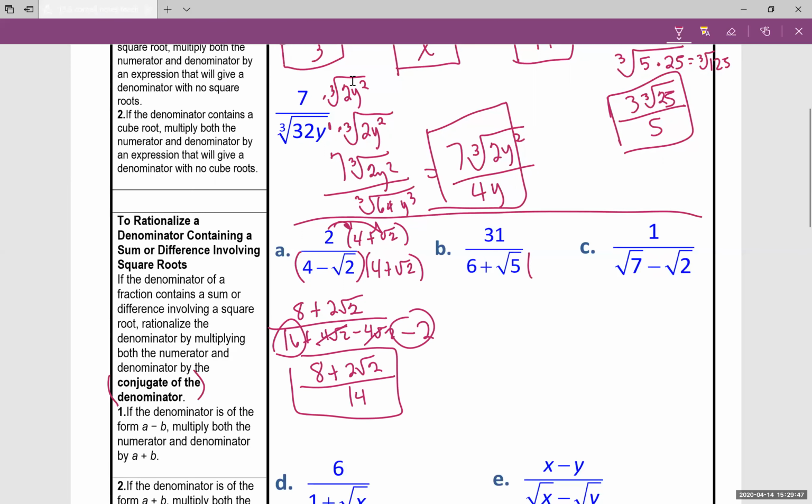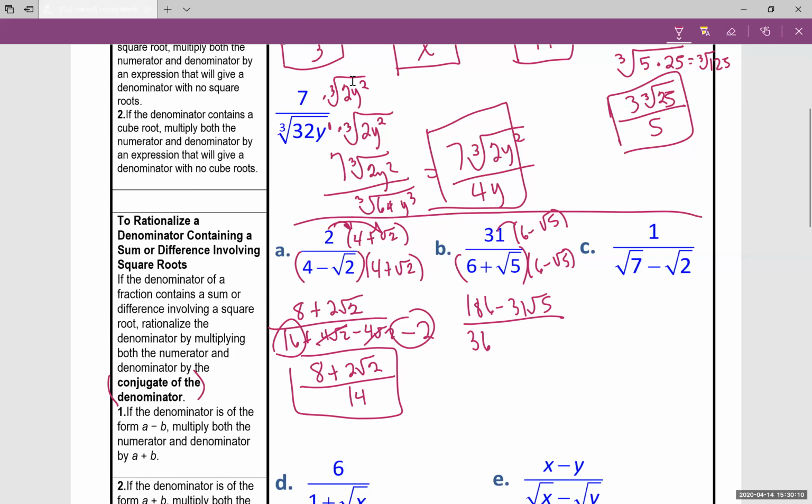This one right here, we're going to multiply 6 minus square root 5, top and bottom. This was 6 plus, this is 6 minus. Okay, so what we have here is this becomes 186 minus 31 square root 5. On the bottom, I have 6 times 6, which is 36.